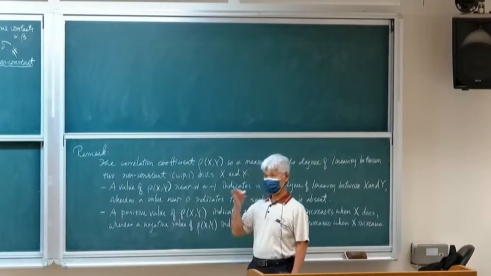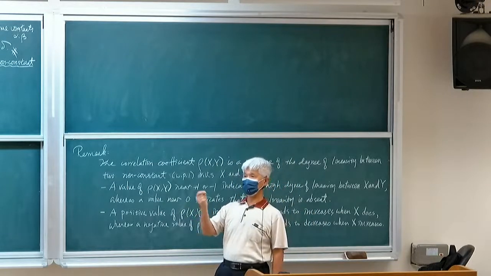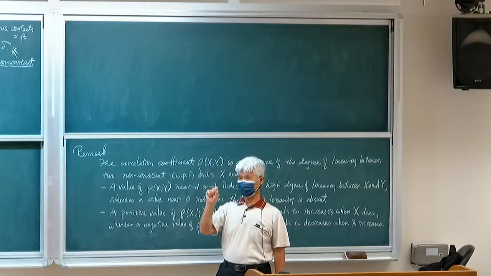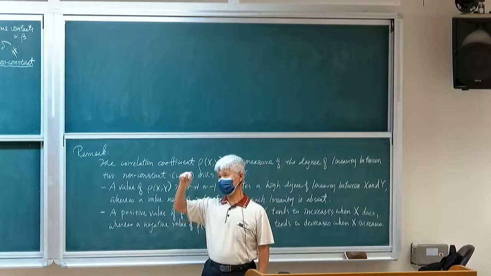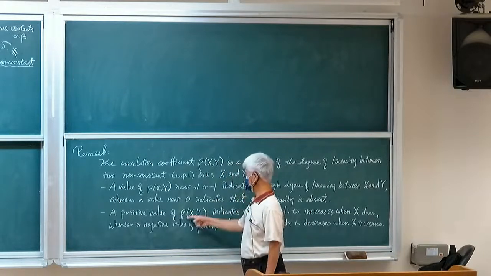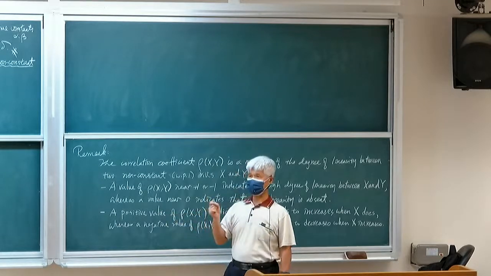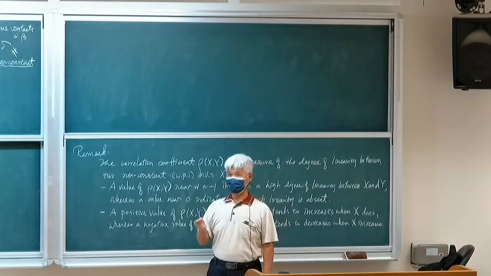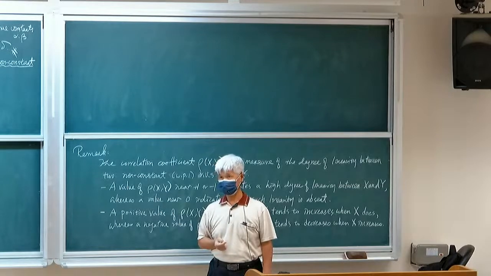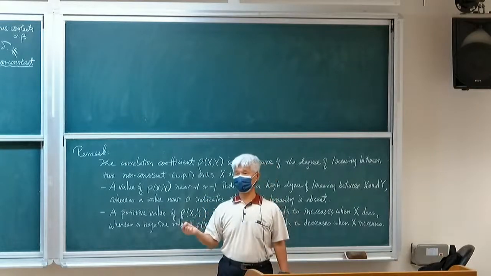For example, in medicine, suppose X is the dose of a certain drug, and Y is the recovery degree. If the dose of a drug and the recovery degree have a positive correlation coefficient, then usually the community will claim the drug is effective. If it is close to 0, that means the drug is useless.